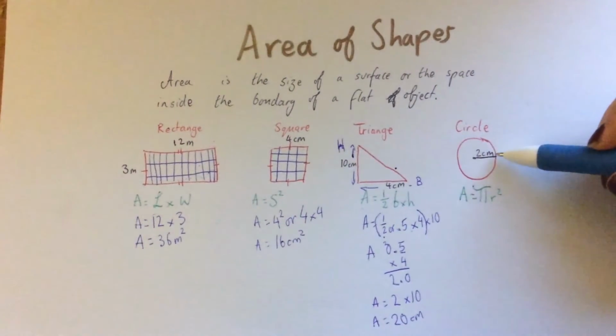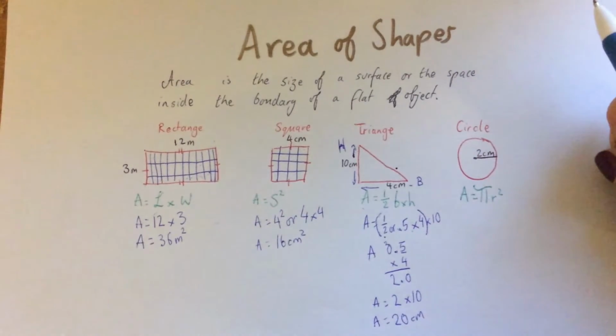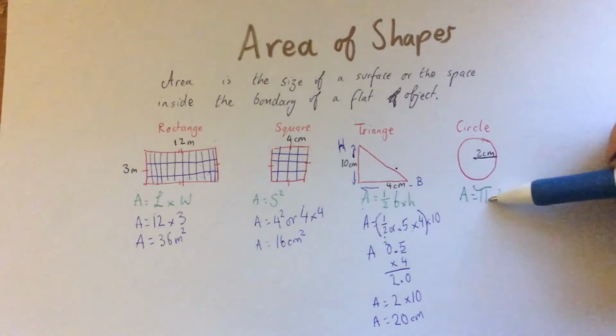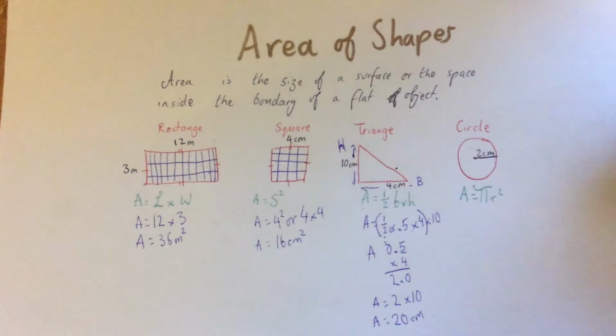Okay, so now we're going to look at how we find the area of a circle. This is a little bit different, and it's going to involve this symbol here, which represents something called pi. If you are unsure of this, or if you would like to learn a bit more about it, then I recommend looking at our video all about pi, the symbol of pi.